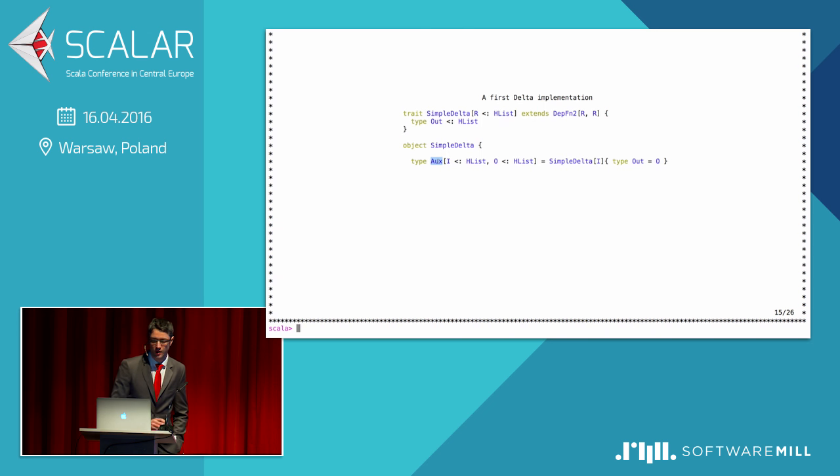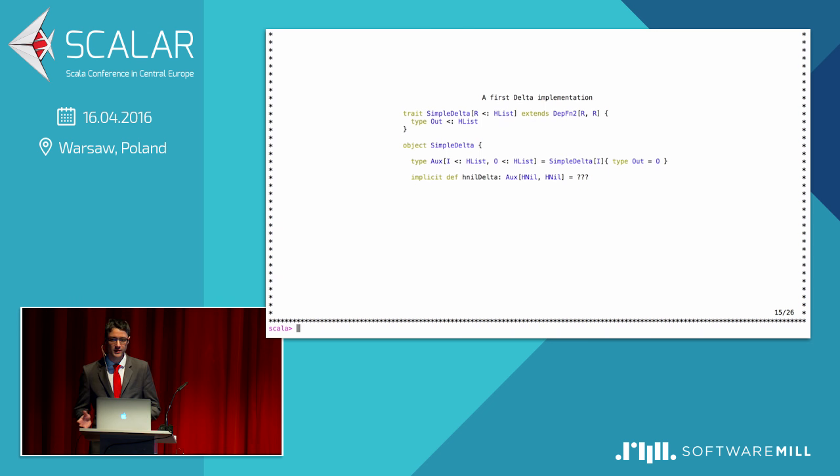Classically, it's named Aux, and it just adds a type parameter that refers to the abstract type member. It's convenient because sometimes you want to grab the Out type from an instance of SimpleDelta, so you will do myInstance.Out. But sometimes you want to constrain this Out type, and so you will need to pass it as a type parameter. So with this Aux trick, you have both possibilities.